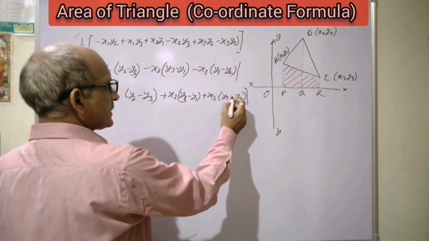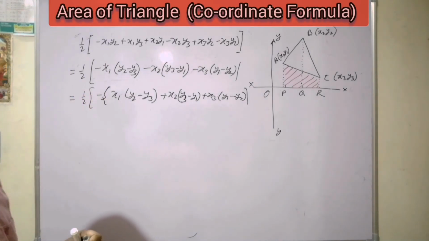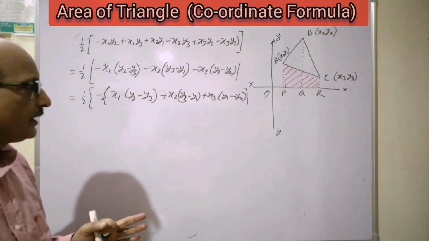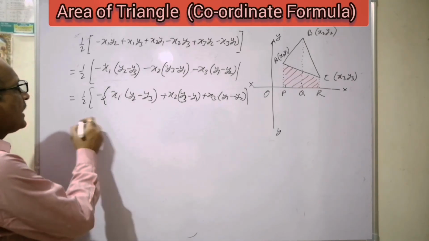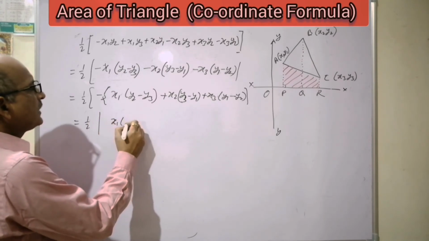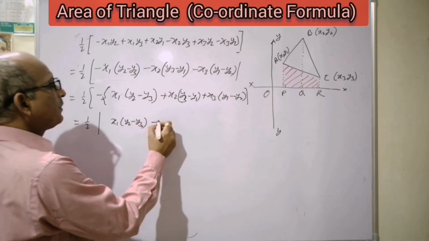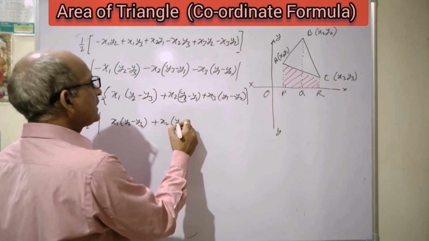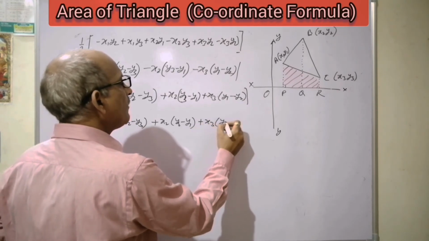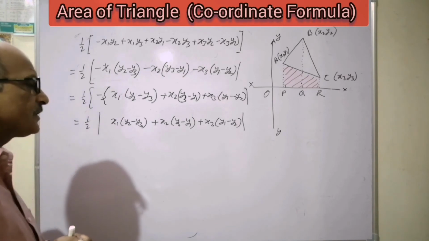Area is never negative, so this will be itself positive. That's why you will see somewhere it is given in modulus value: x1 into bracket y2 minus y3 plus x2 in bracket y3 minus y1 plus x3 in bracket y1 minus y2. That's all for this derivation.